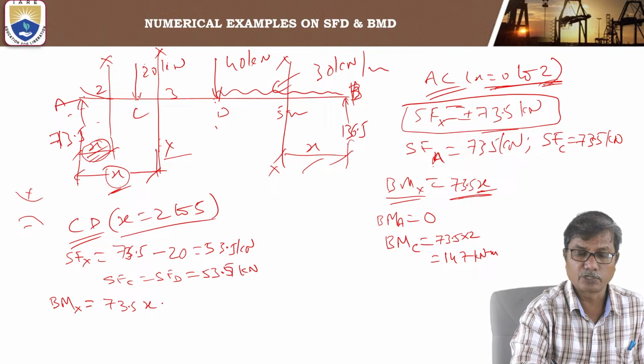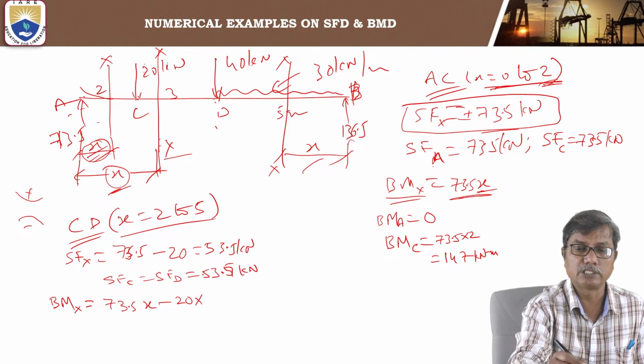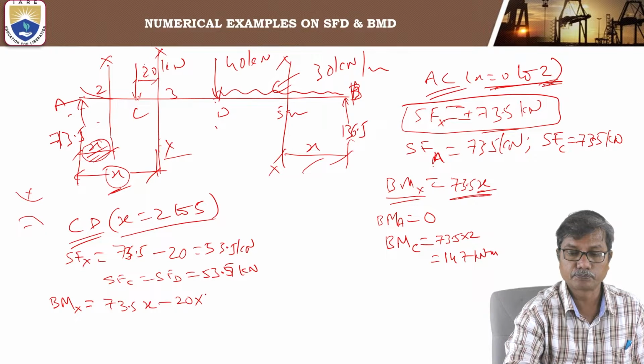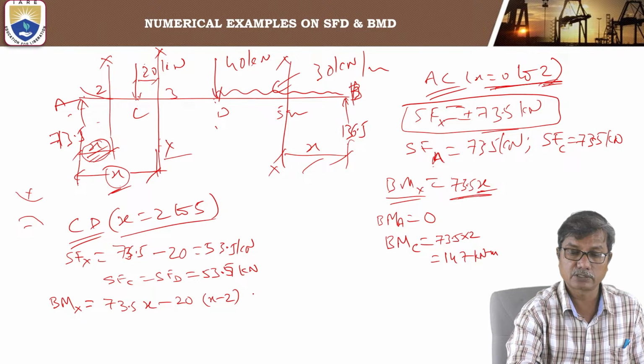It is sagging, positive, minus 20 into its distance. What is this distance? x minus 2. So 20 into x minus 2.